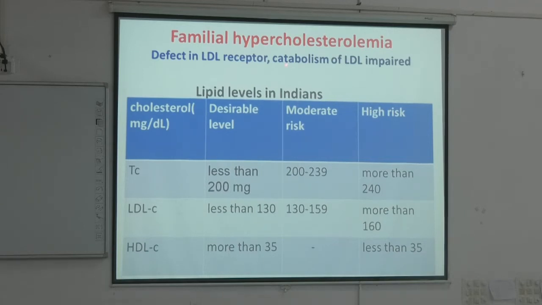Due to this defect, LDL will not be catabolized. As a result, the LDL level will be increased, which is hypercholesterolemia. The normal LDL level should be less than 130, but when it increases to more than 160, it is high risk.